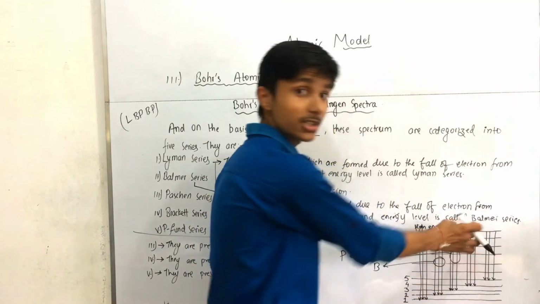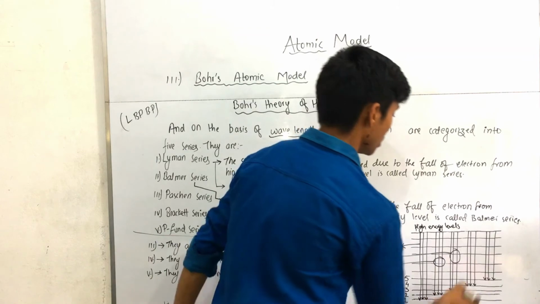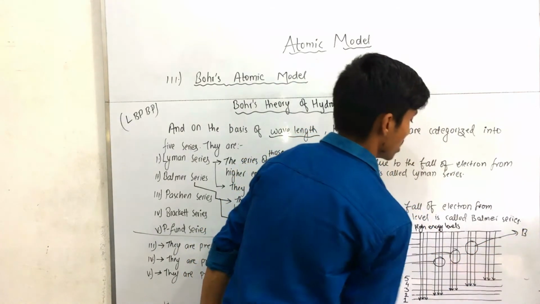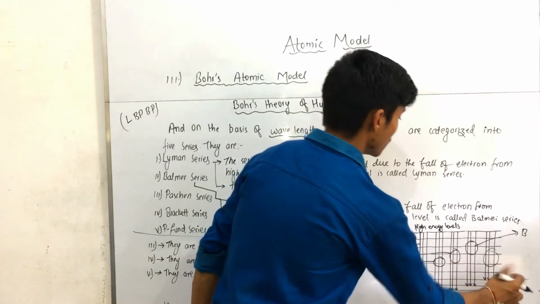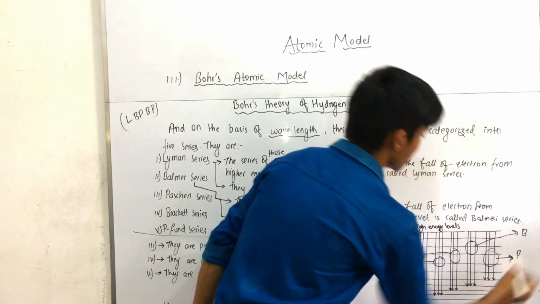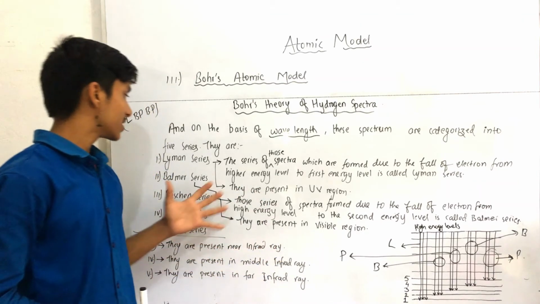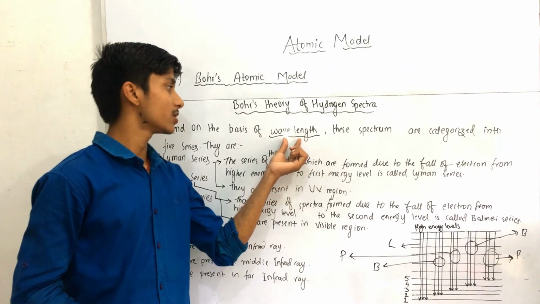And from higher energy level to the fourth energy level, this is Brackett series. And last, from higher energy to the fifth energy level is Pfund series.